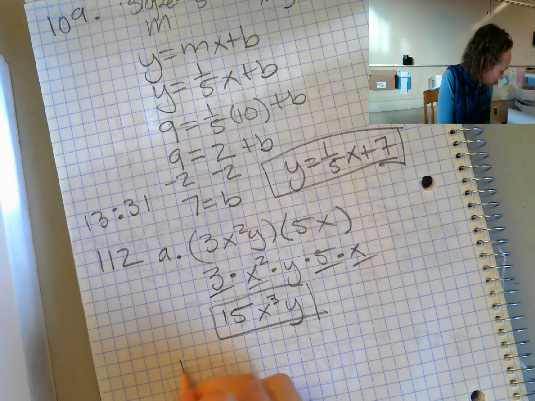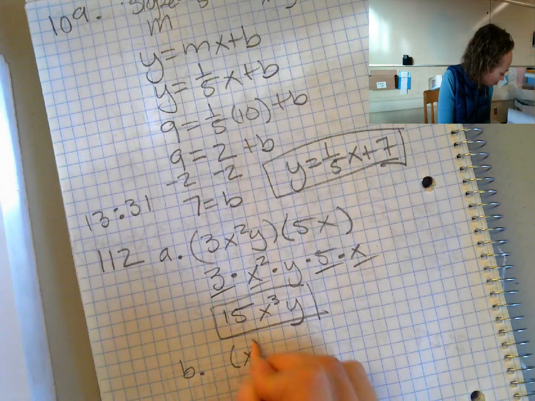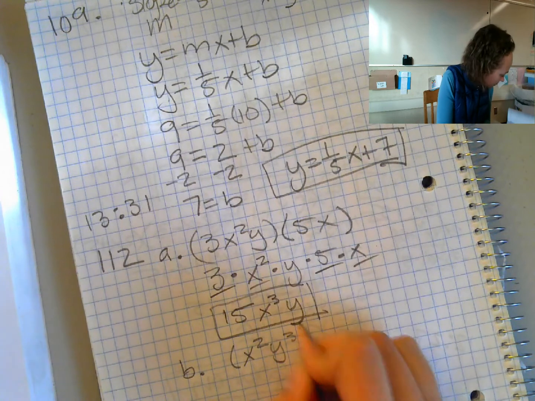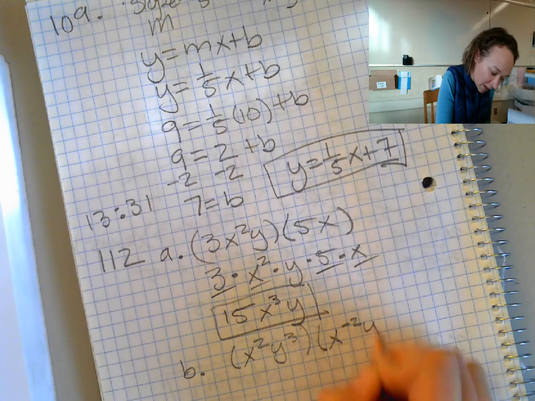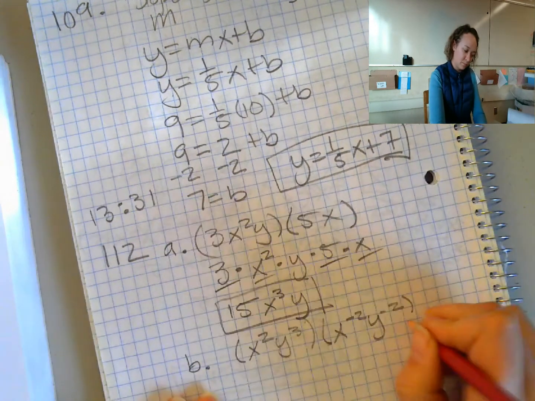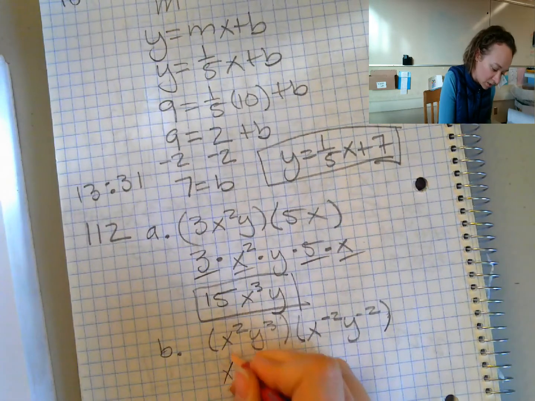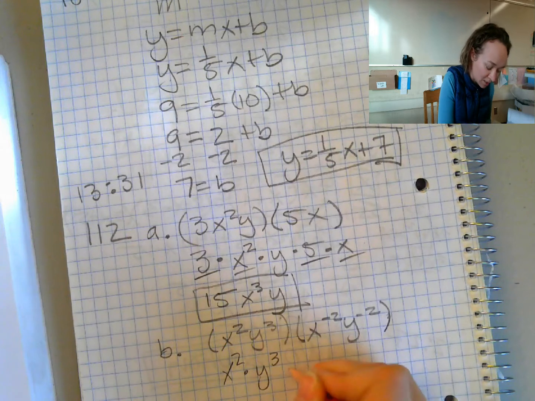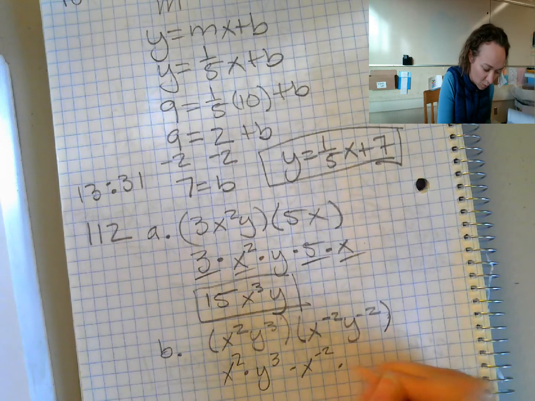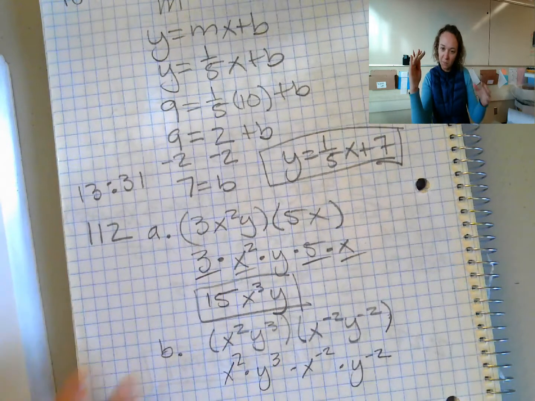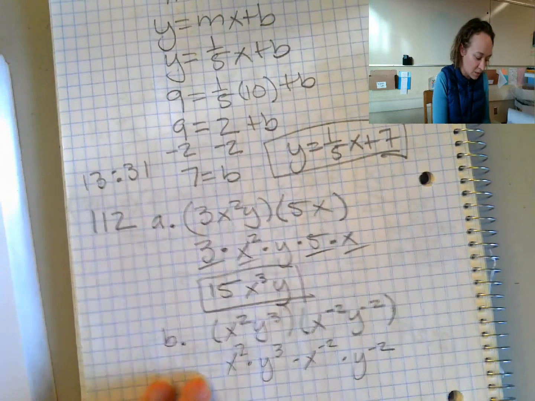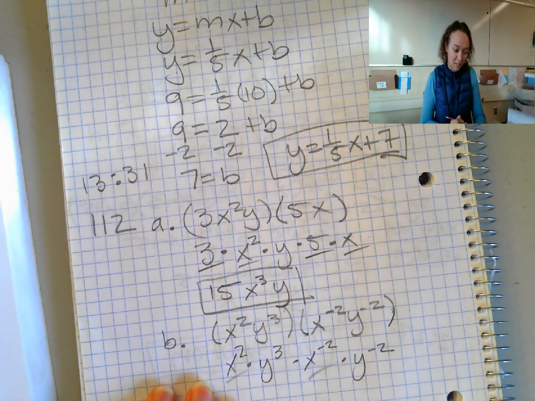Then on b, we have x squared y cubed times x to the negative 2, y to the negative 2. Once again, I'm going to do the same thing. x squared times y cubed times x to the negative 2 times y to the negative 2. Then I'm going to combine my similar stuff. So x squared times x to the negative 2.